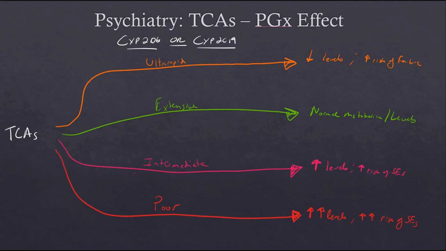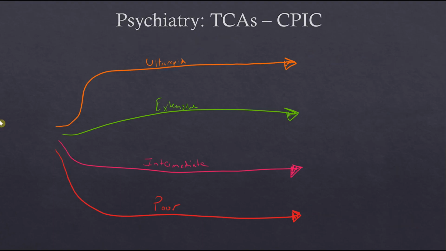But before we jump into those combined recommendations, the two drugs that don't have combined recommendations and only have recommendations based on CYP2D6 are desipramine and nortriptyline. So what are the recommendations depending on the metabolizer phenotype for CYP2D6 for these two drugs?